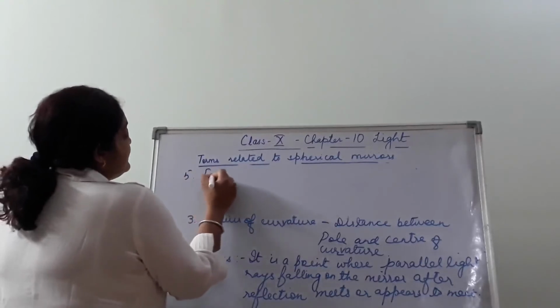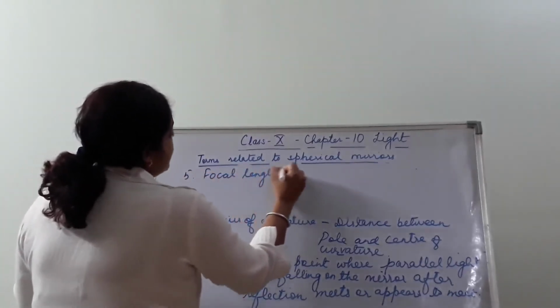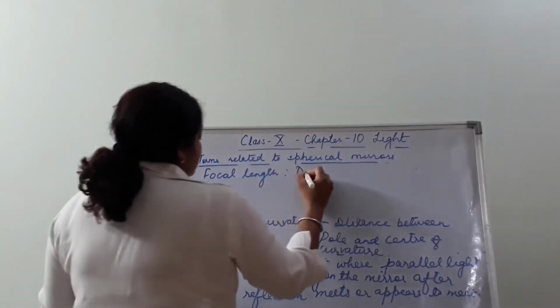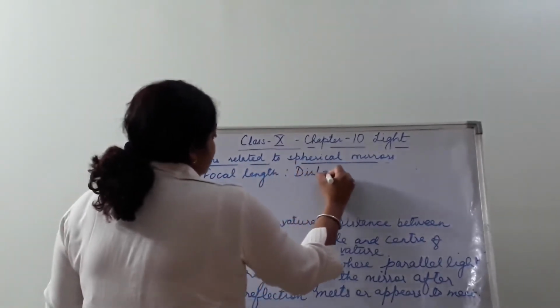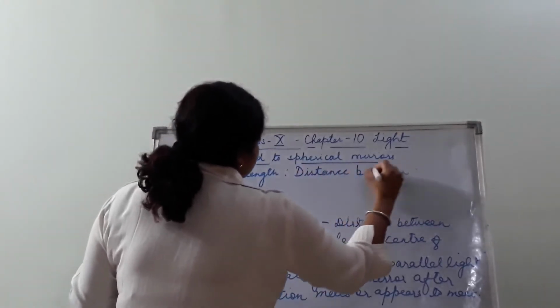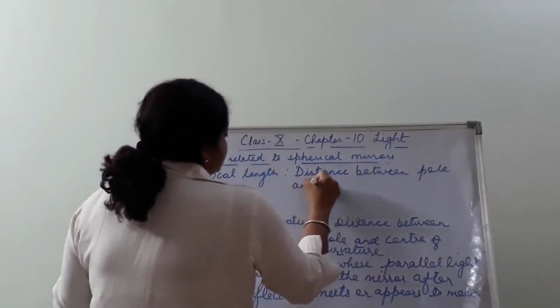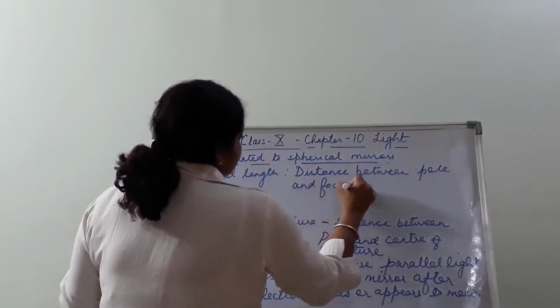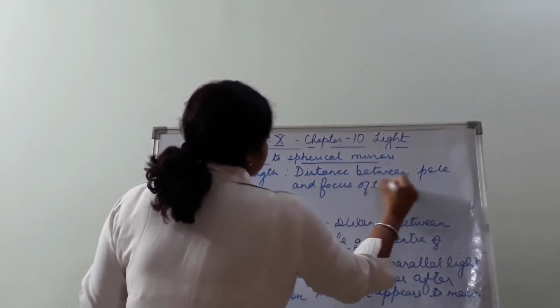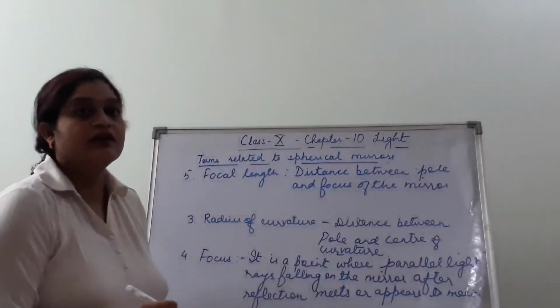So focal length is the distance between pole and focus of the mirror.